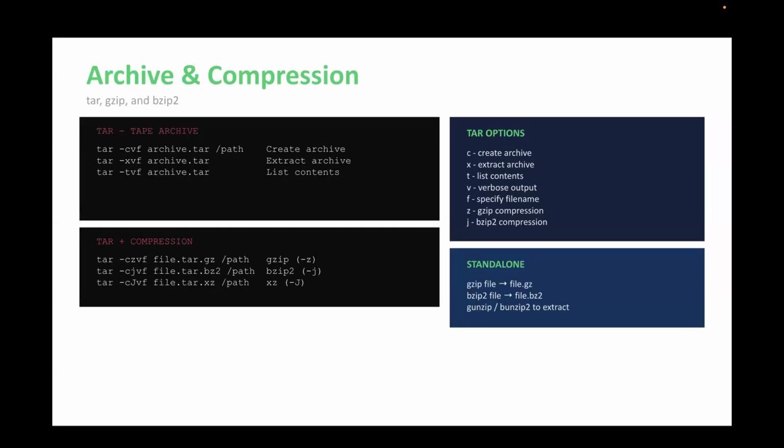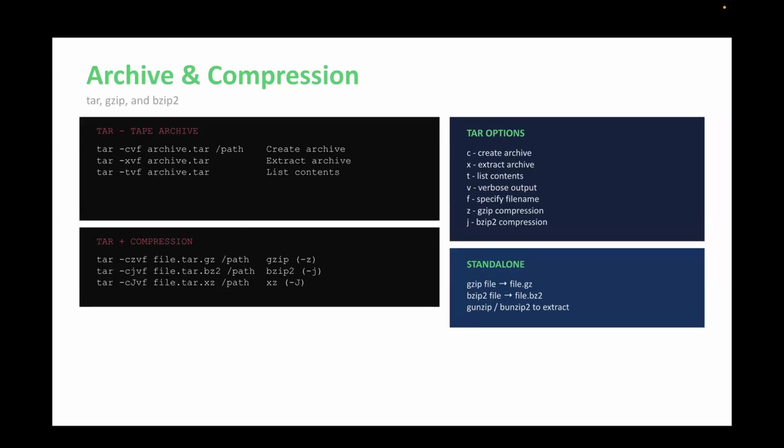Usually tar is used with compression tools, and that is where gzip and bzip2 come into play. Gzip and bzip2 are the tools that are actually used to produce the tarball. So tar works together with gzip and bzip to create the archived file.